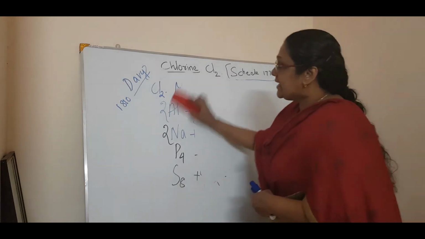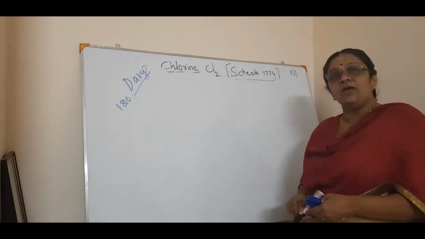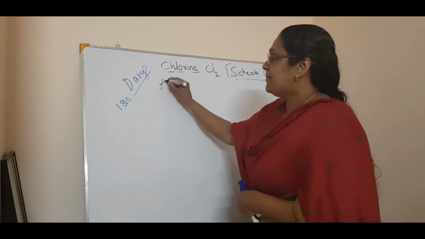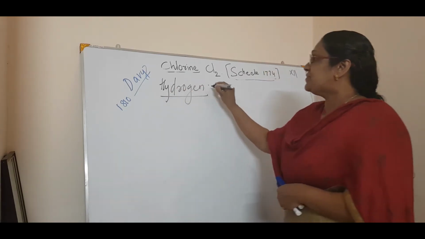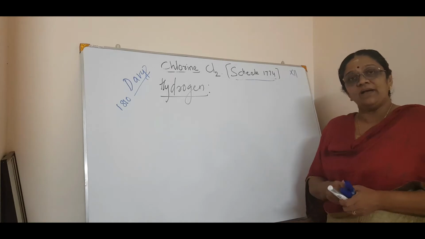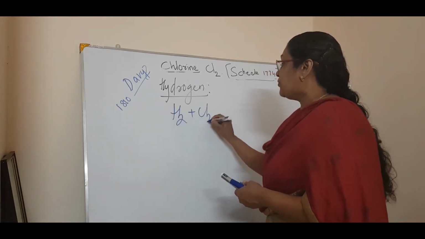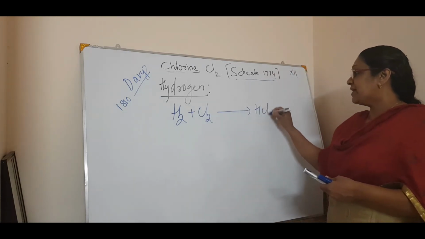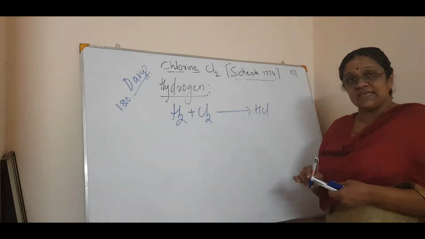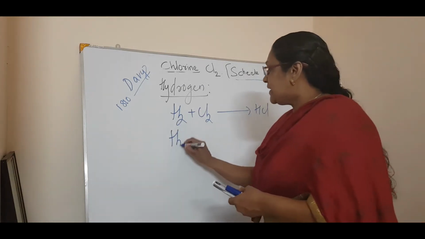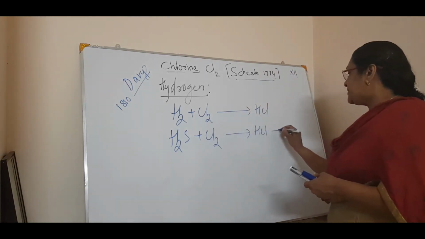Clear? Second, chlorine has a very great affinity for reaction with hydrogen. For example, hydrogen plus chlorine will give you HCl gas. Also, H2S plus chlorine will give you HCl plus sulfur.